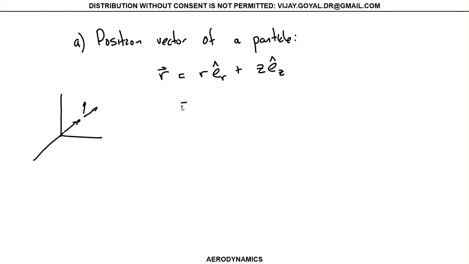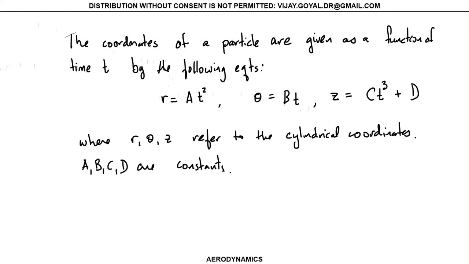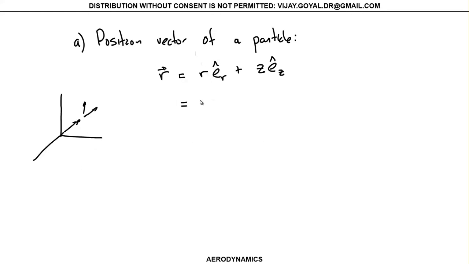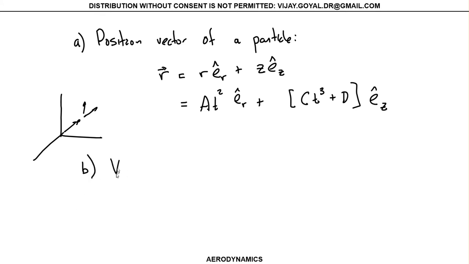So in the problem, you found that r and z are given by the following values. If I replace them here, this is a t squared er plus c t cubed plus d times ez, the unit vector ez.